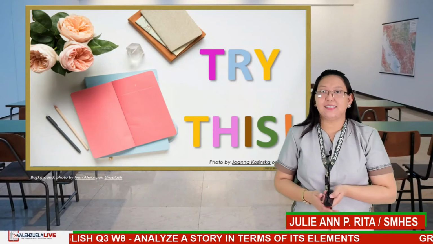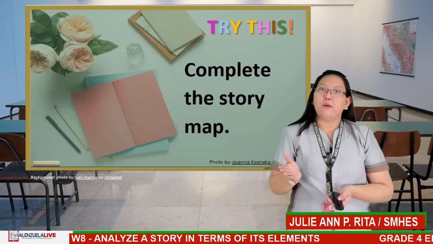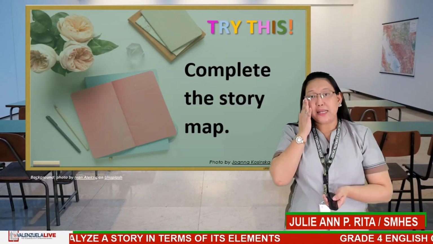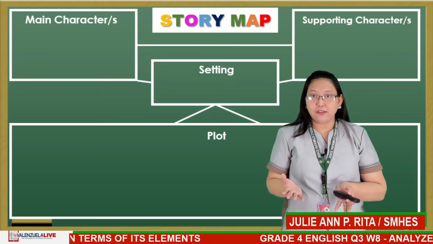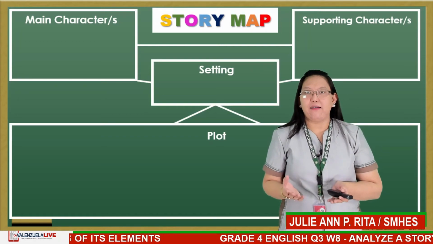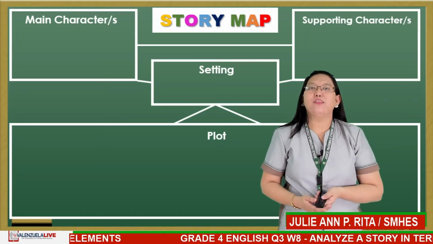Let's try this. Going back to our story earlier, let us complete this story map. Give the main character or characters, the supporting character or characters, the setting and the plot of the story.